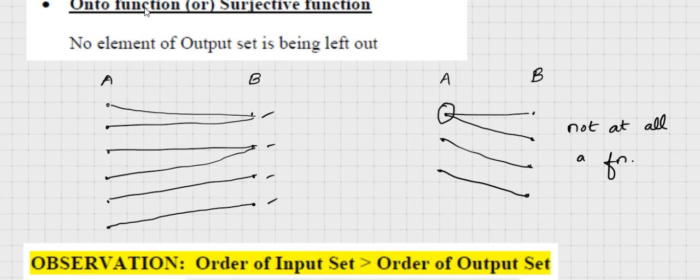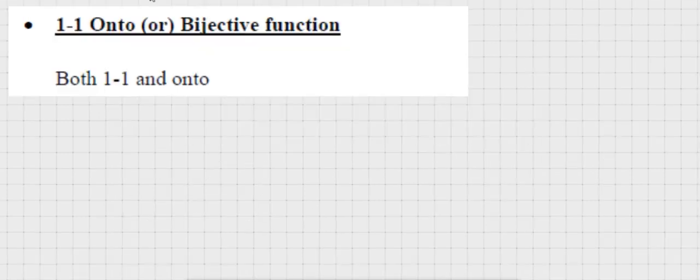Okay, next one what we are going to see is one-to-one and onto function. One-to-one and onto function means it satisfies both the conditions of one-to-one as well as onto. So let us see the example. I am just going to define a function which is both one-to-one as well as onto. It will be satisfied only if we have the same number of elements in both the sets.